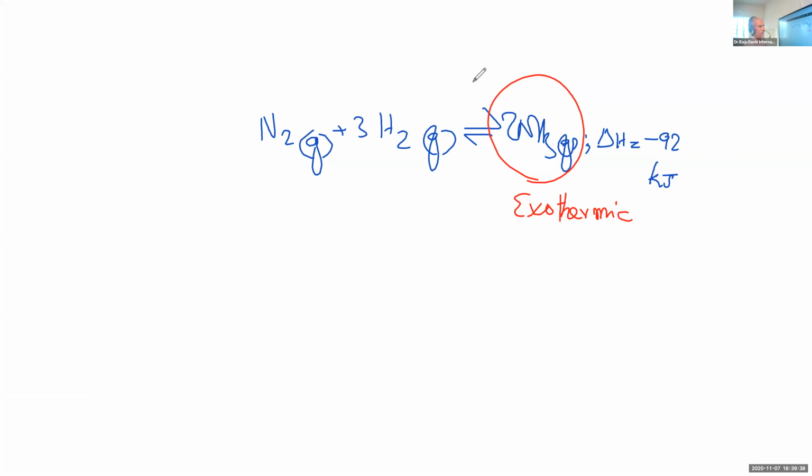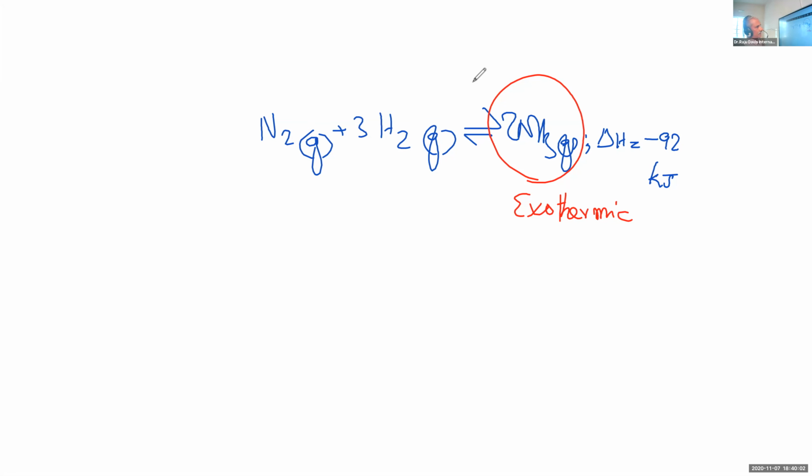But if temperature is increased, the backward reaction, that is endothermic, increases. That means decomposition of ammonia, forming nitrogen and hydrogen, increases. That means the yield of ammonia decreases when temperature is increased.